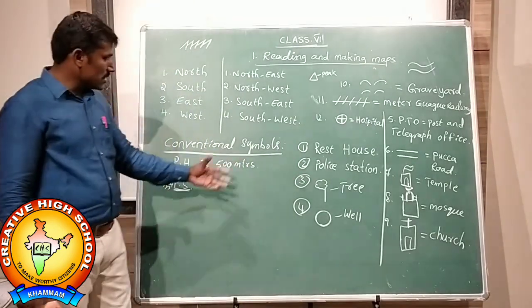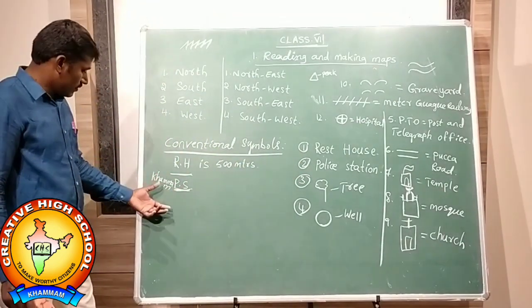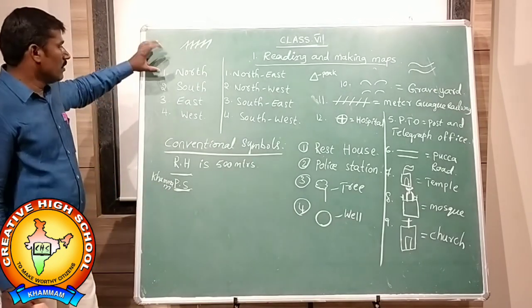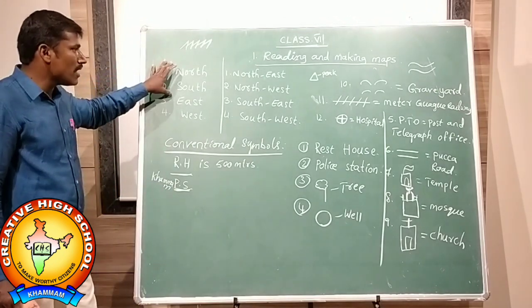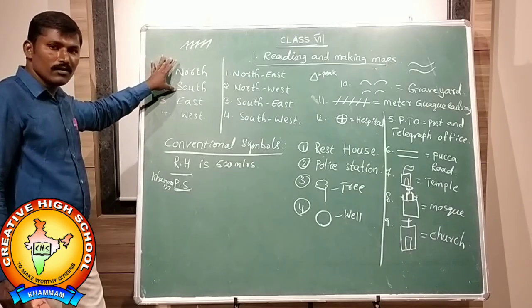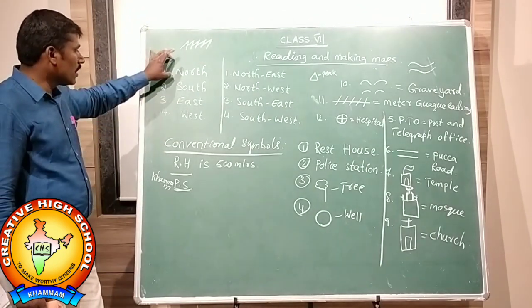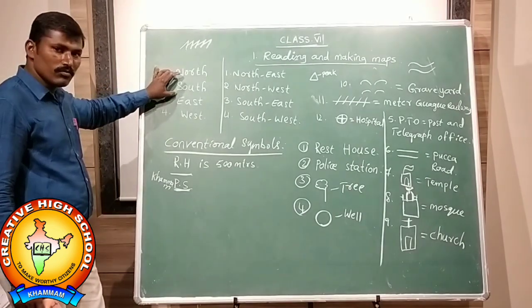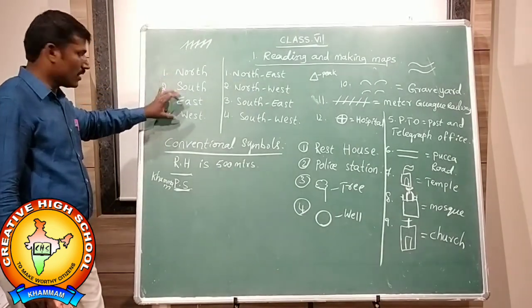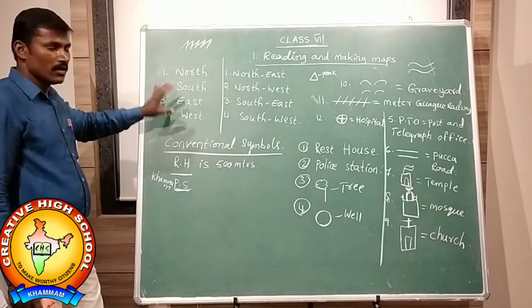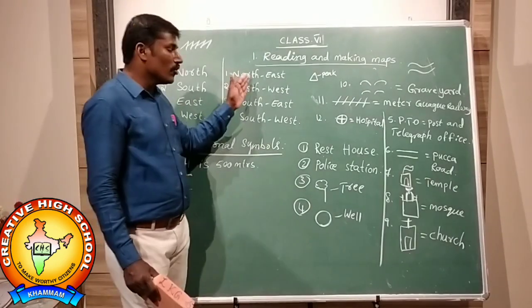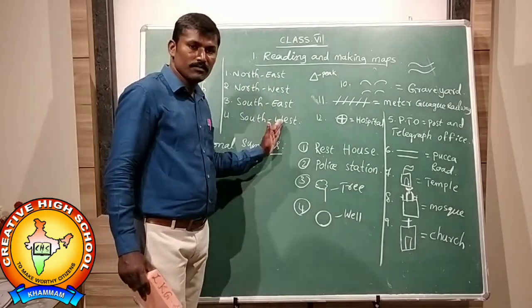Here, once again, let us observe. In any map or any area, 4 directions are there. They are north, south, east and west, and as well as 4 sub-directions are there.